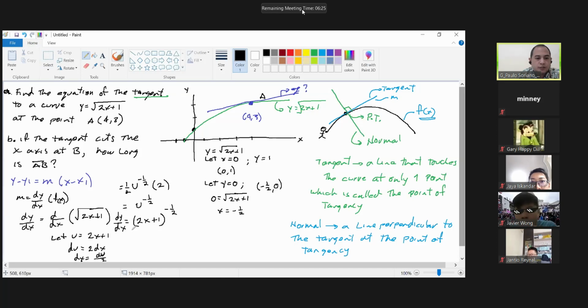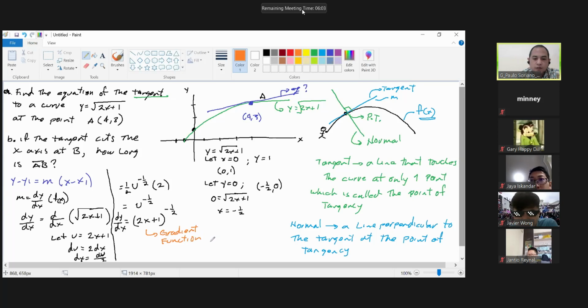But take note, dy dx is actually your gradient. Okay, are we clear on this? What you have solved here is now called your gradient function.